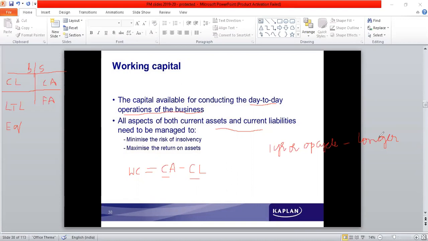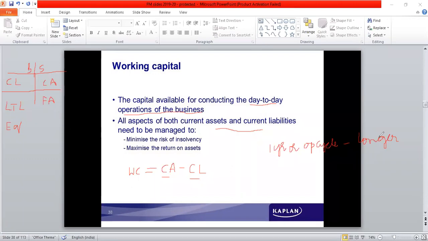So some of the funds should also be invested into short-term assets, wherein they get converted into cash, so that whenever they get converted into cash, the available cash can be used to pay the current liabilities and also meet the day-to-day expenses. So that is the purpose of investing into short-run assets.